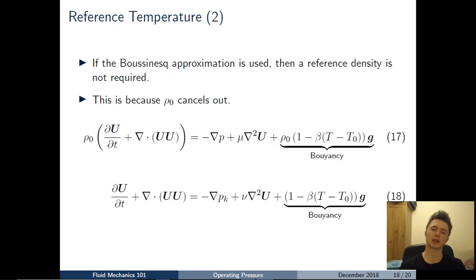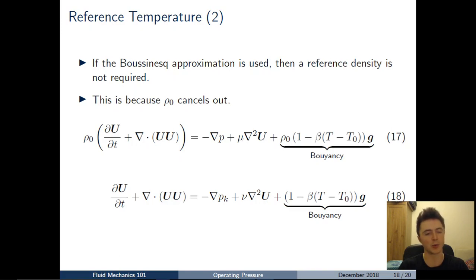So if we take equation 17 to start, it's a very short summary. What we've got is the reference density rho naught on the left hand side, and then you can see on the right hand side the term with the under brace is that buoyancy forcing term that we've replaced with the Boussinesq approximation, and the rho naught is there on the front as well.